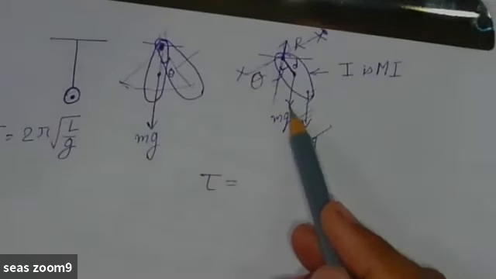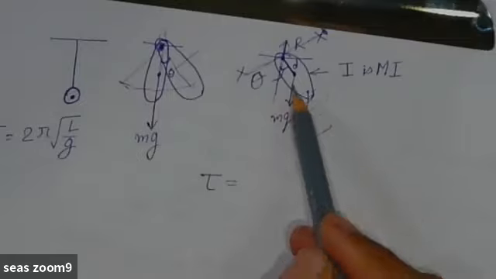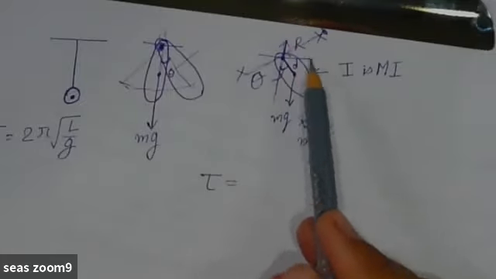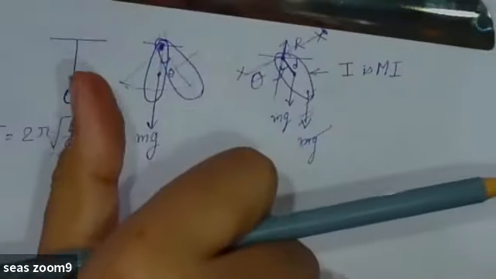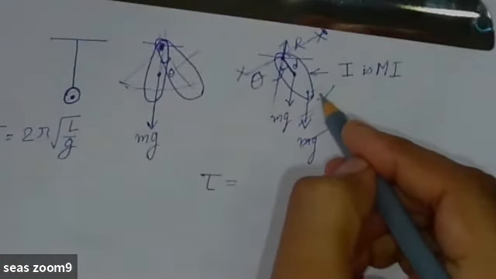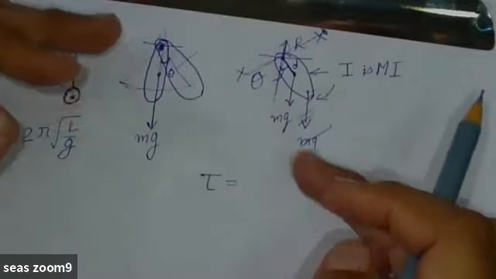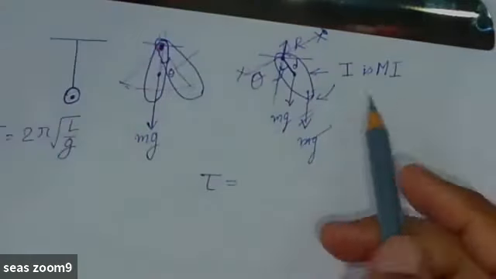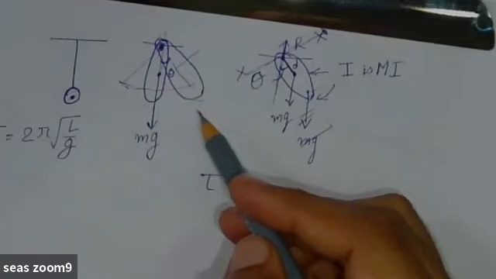One force is acting over here, mg, another force is acting over here, R, and both will try to rotate this workpiece in this direction. They form a set of forces such that it will rotate like this.